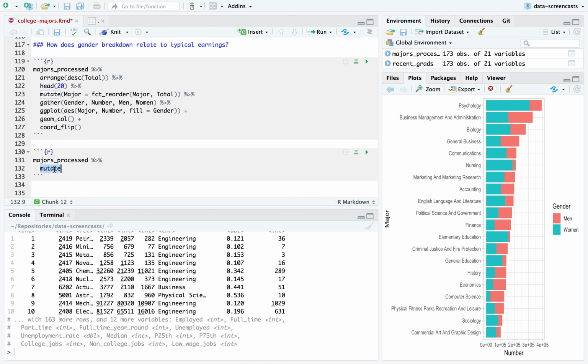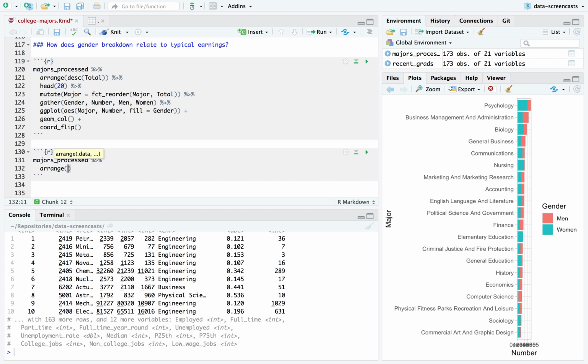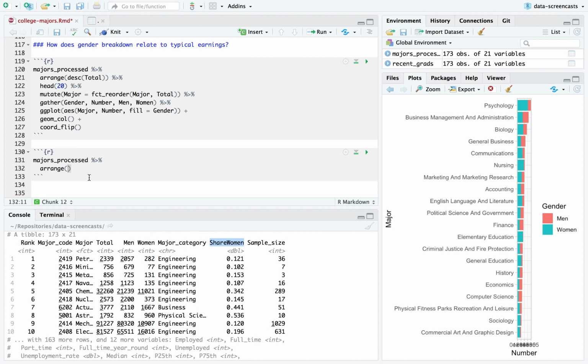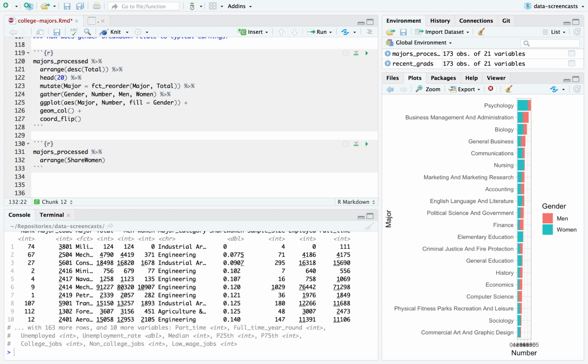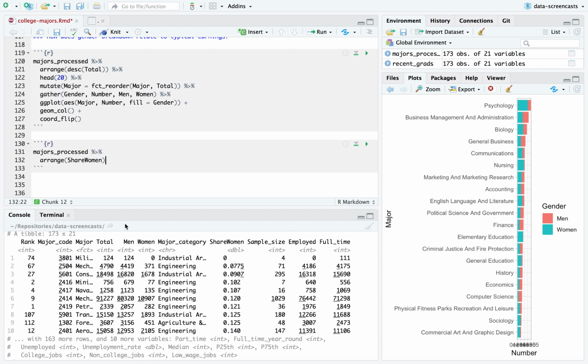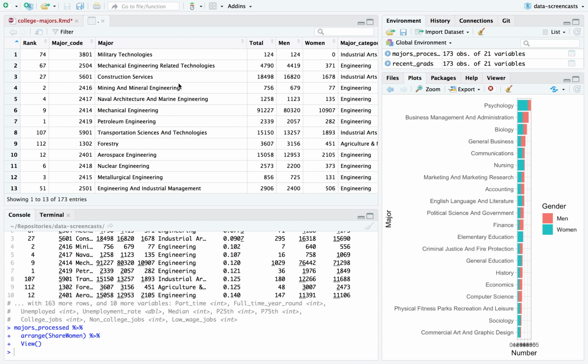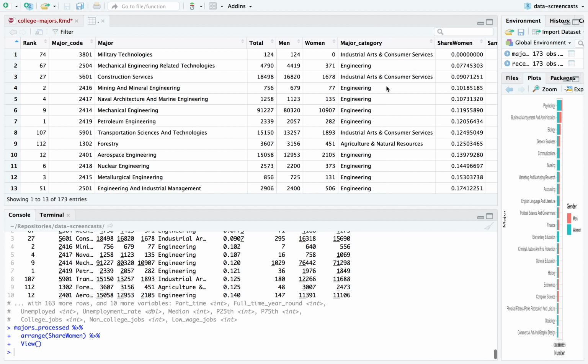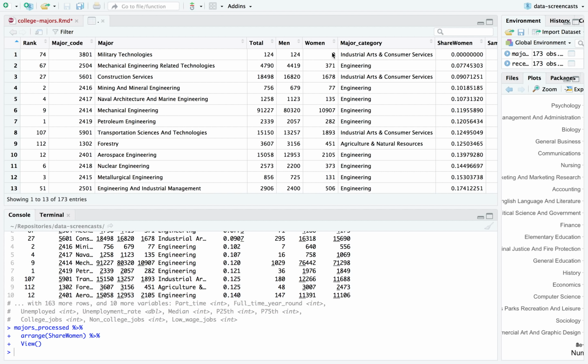I'm first going to quickly take a look at the sorted version of this graph. I'll arrange in ascending order first. We have some, like, I'm going to pipe this to view because otherwise it's unreadable. Military technologies records 124 men graduating and no women. Although a lot of these, let's see, construction, mineral engineering.